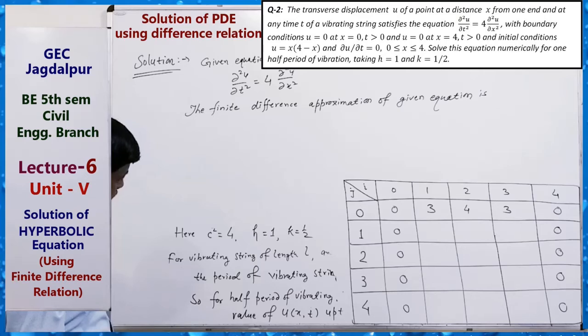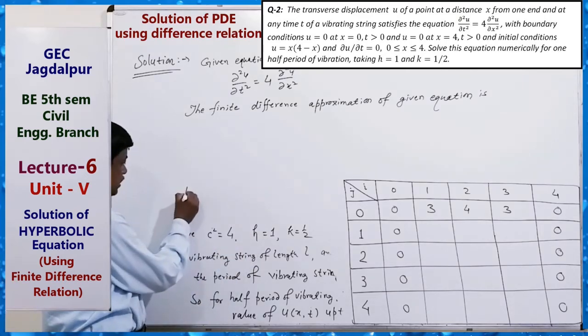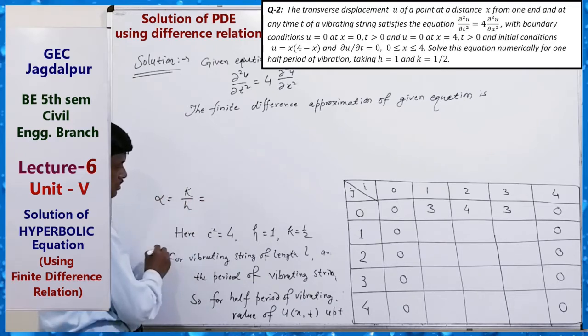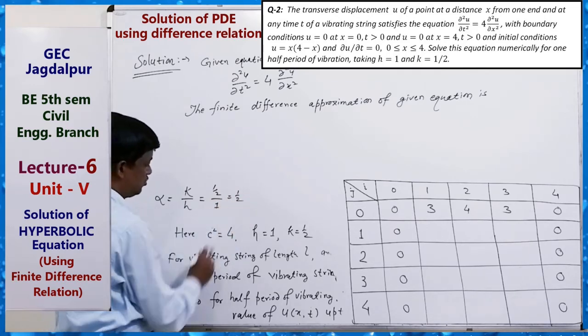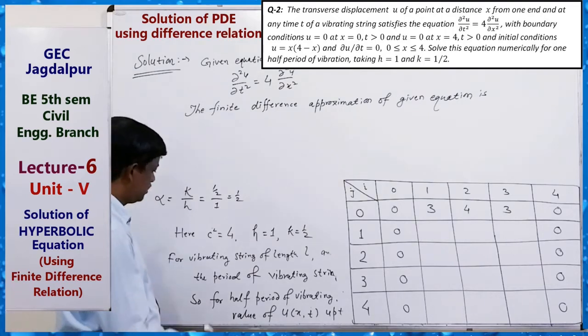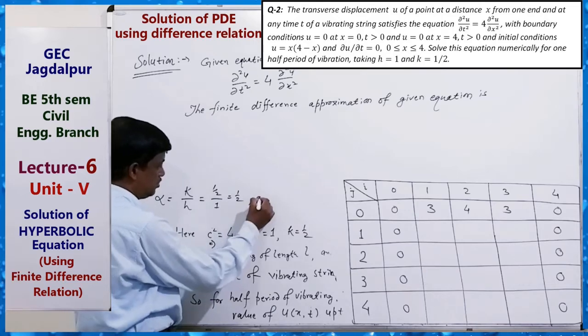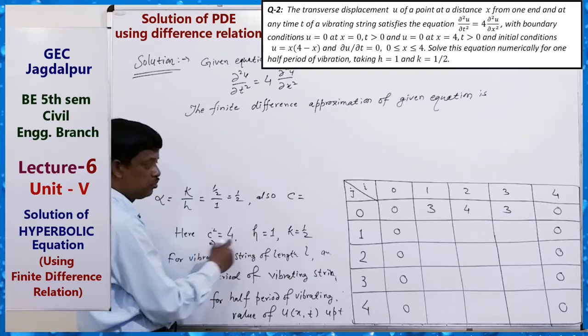Also we see that alpha equals k by h, 1 by 2 upon 1 equals 1 by 2. Alpha equals 1 by 2. And from here also c equals 2.